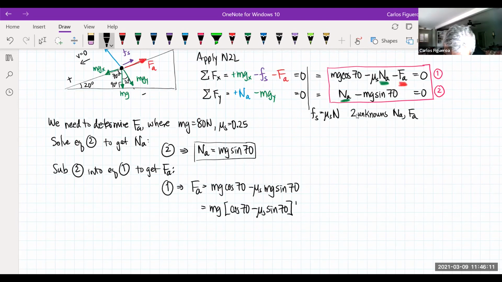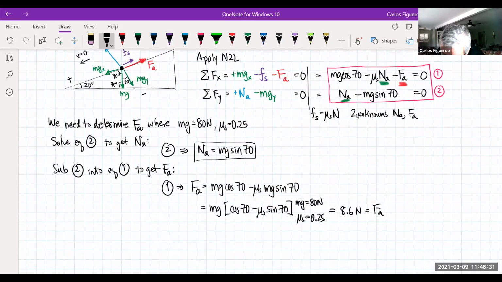And here's what we'll do. If I plug in mg equal to 80 newtons and mu of s equal to 0.25, the number that you'll get here is 8.6 newtons for the force FA.